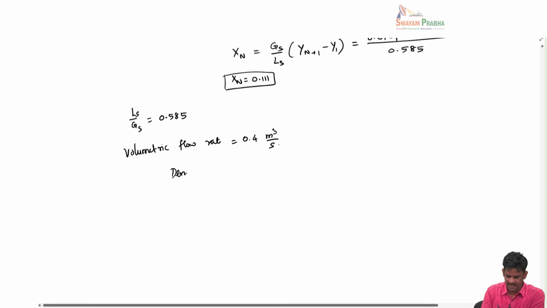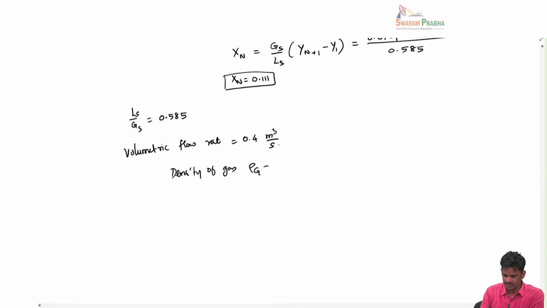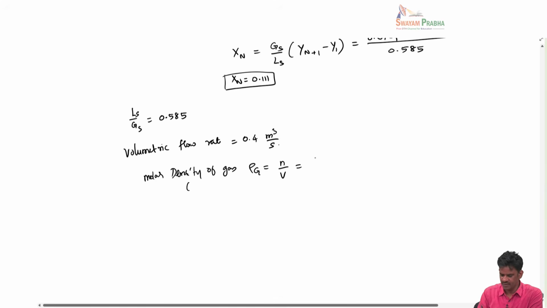Now the density of the gas, rho g, this is actually the molar density, N by V, given by P by RT, and P is 1 atmosphere, so in bars, and the temperature is 24, so 297 Kelvin.